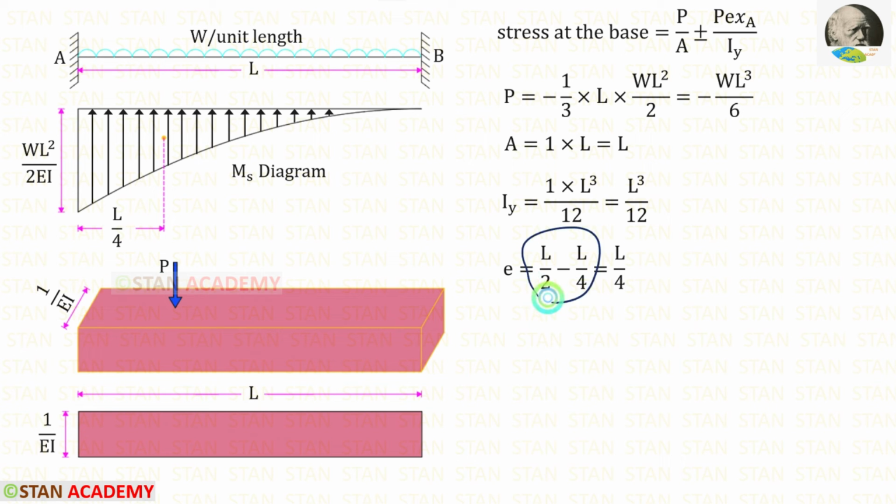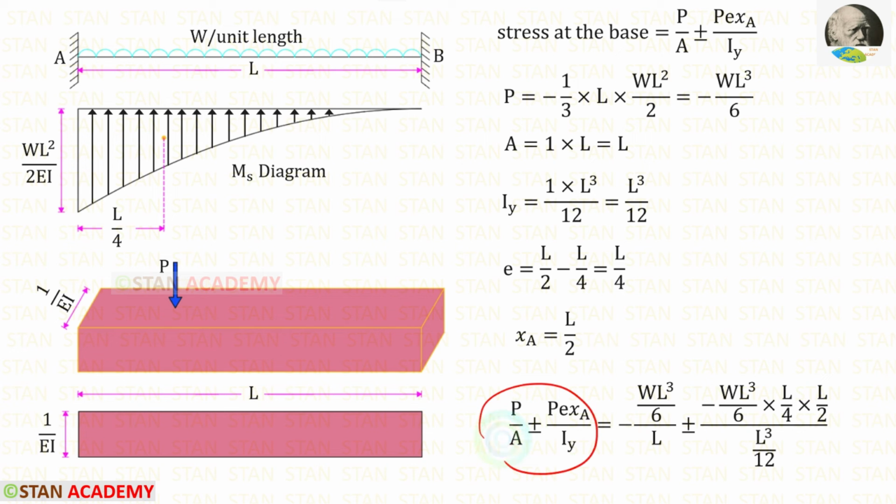L by 2 minus L by 4 is L by 4. So for the eccentricity, we have got L by 4. Now let us find XA. XA is the distance from the center to the point A. We know that this distance is L by 2.